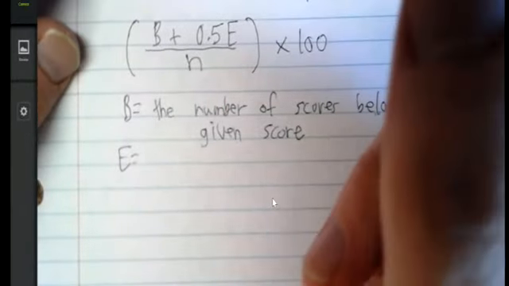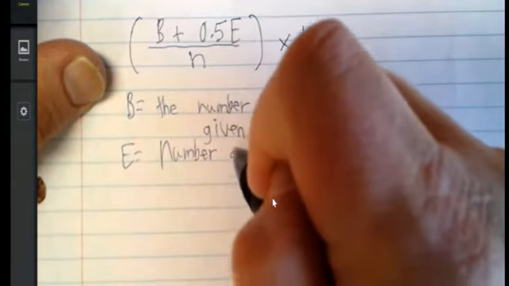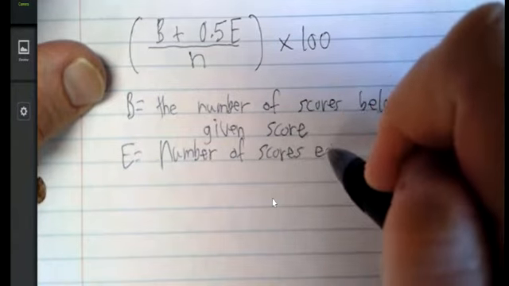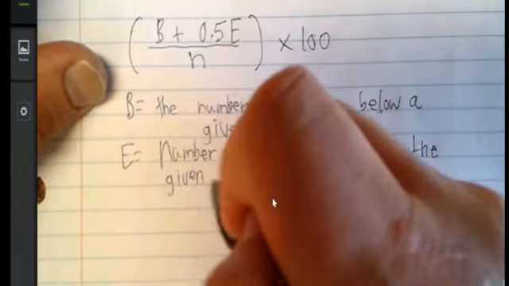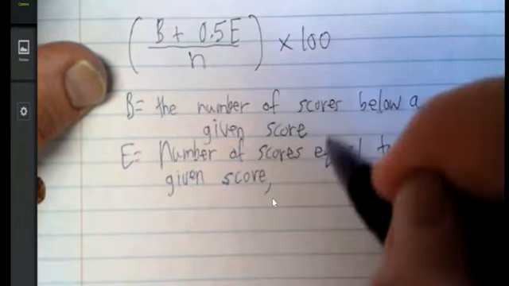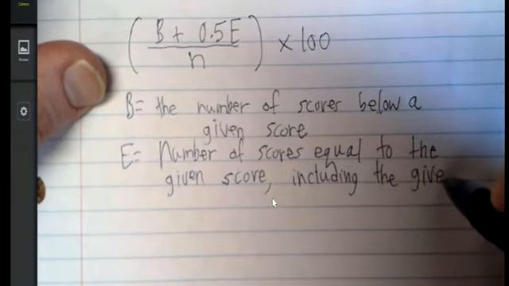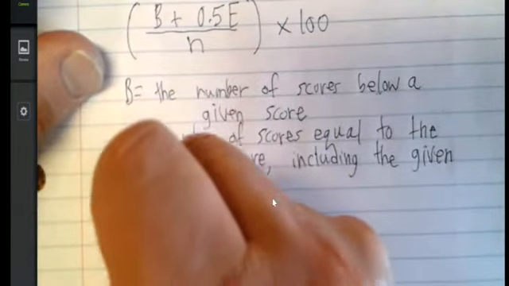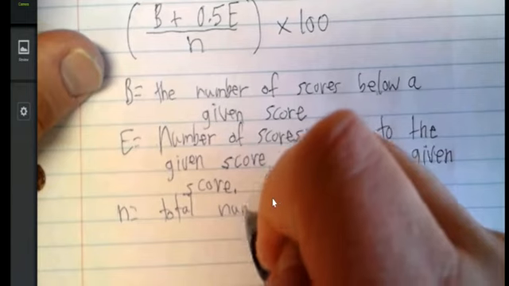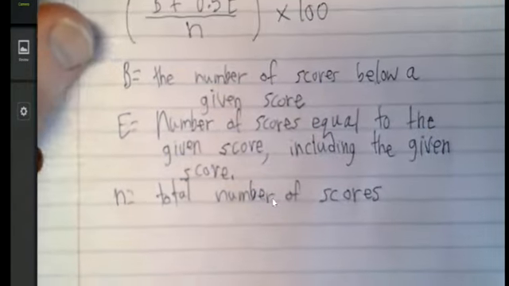E is the number of scores equal to the given score, including the given score. And N is the total number of scores.